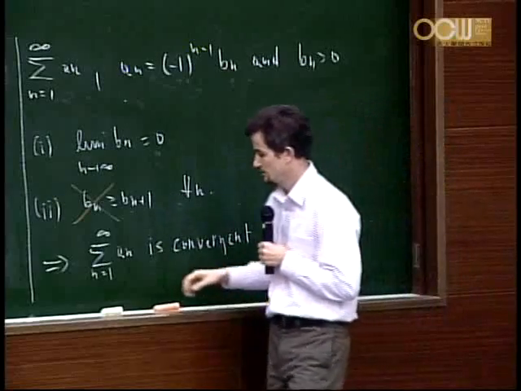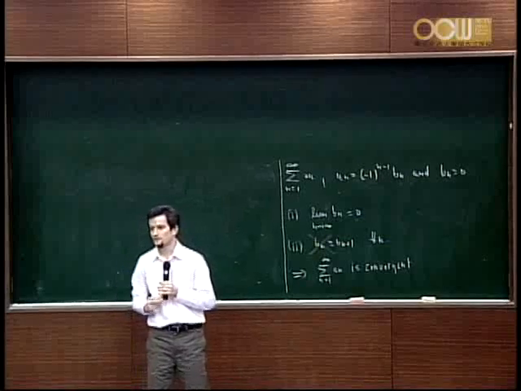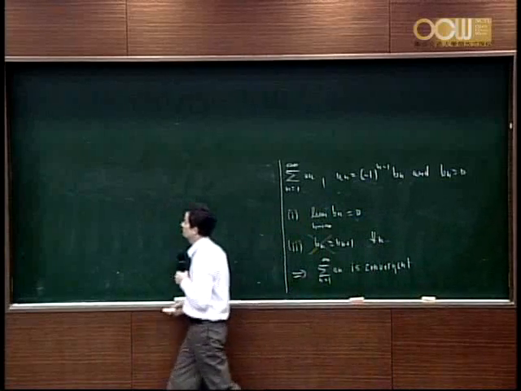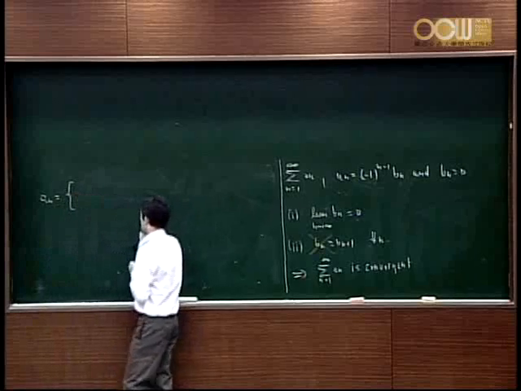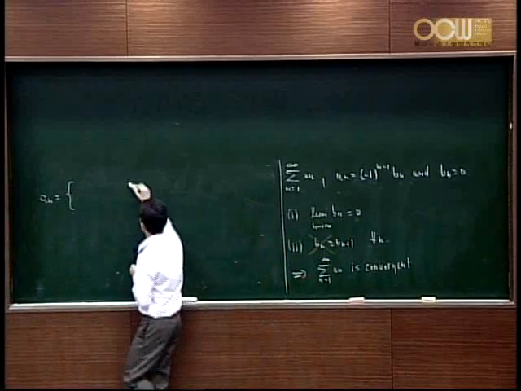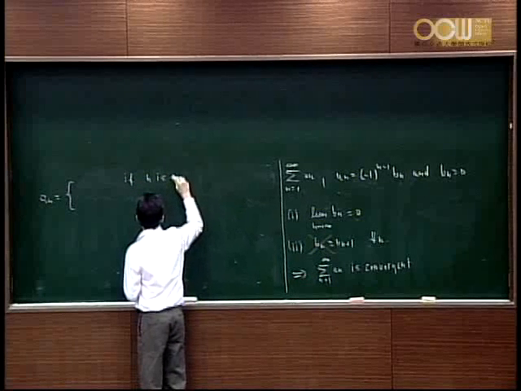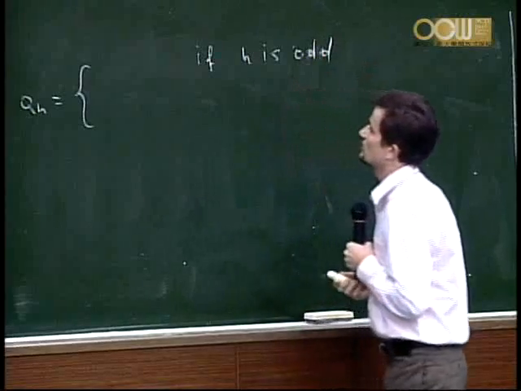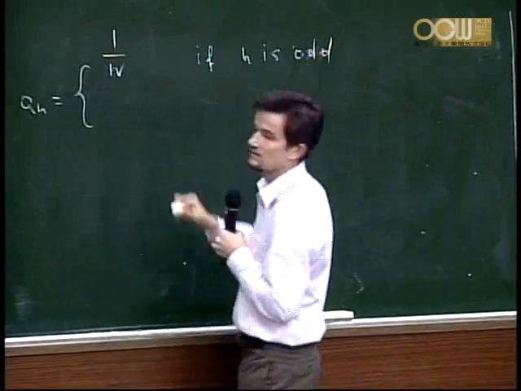Now, whenever you have something like this, what is a counterexample? Here it's not so complicated to give one. So you choose something like this. You obviously have to divide if n is even or odd, because those ones are positive. So if n is odd, we choose, let's say, 1 over n.